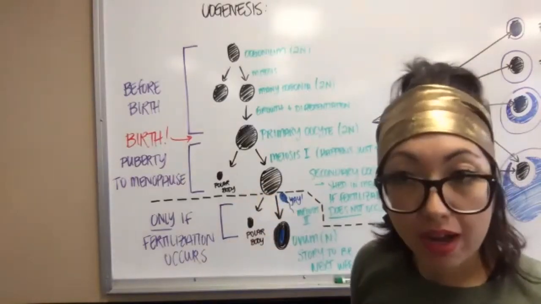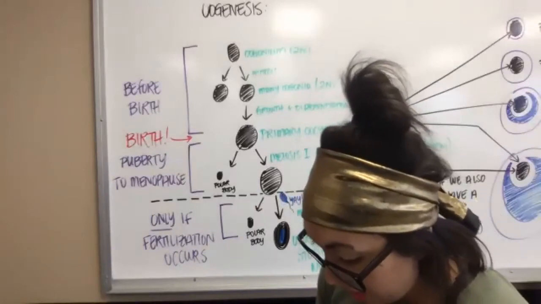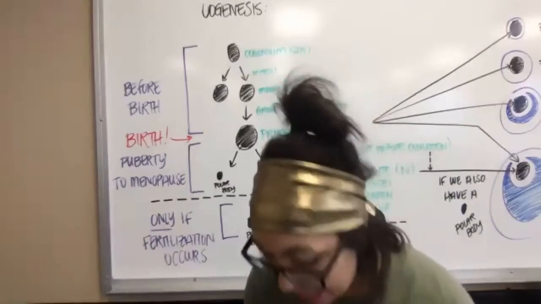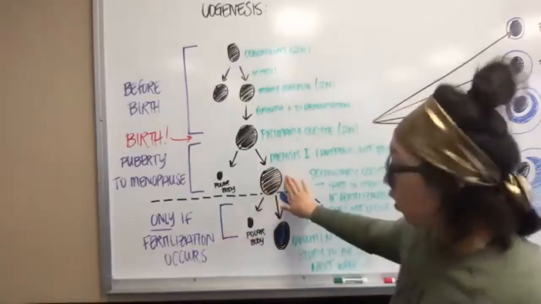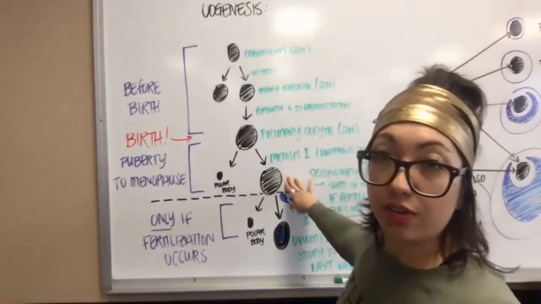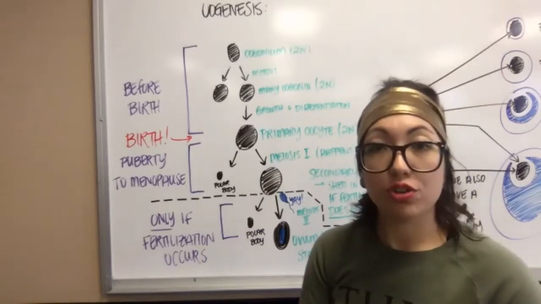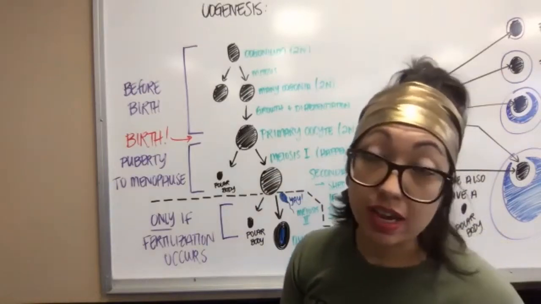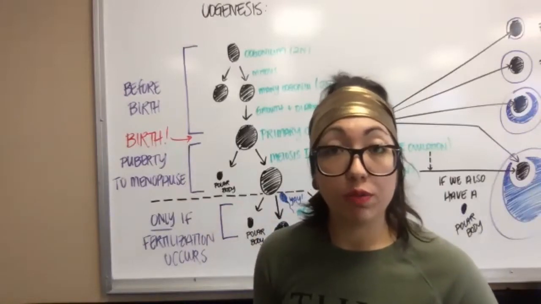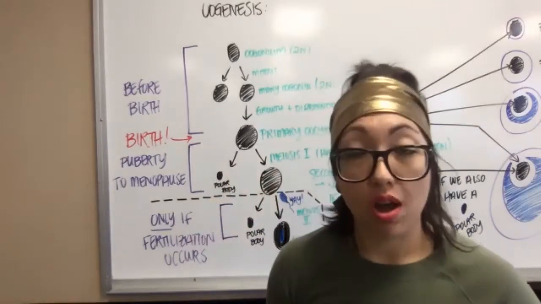And that polar body degenerates. Okay, number 5, true or false? If the secondary oocyte is not fertilized, it degenerates. Yes, true. And it degenerates actually quite quickly, between 24 and 48 hours. That secondary oocyte doesn't last long.